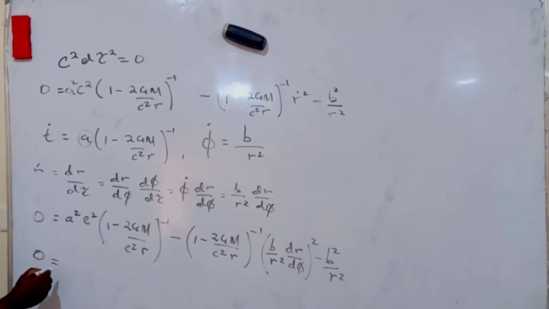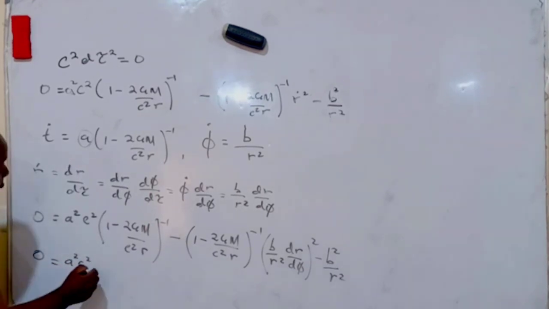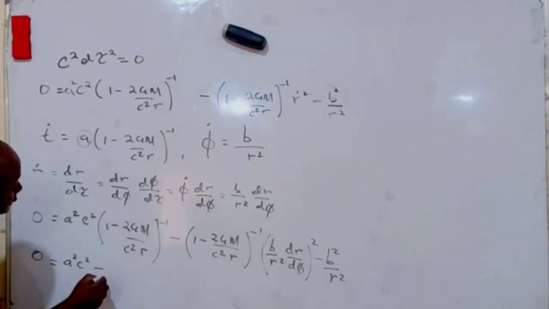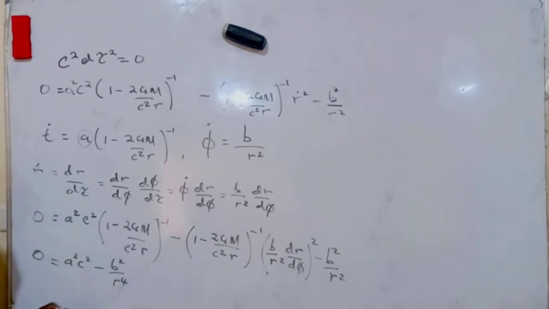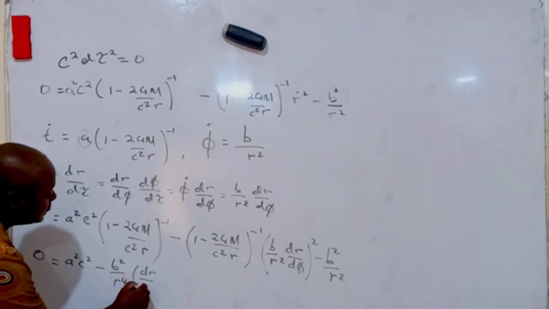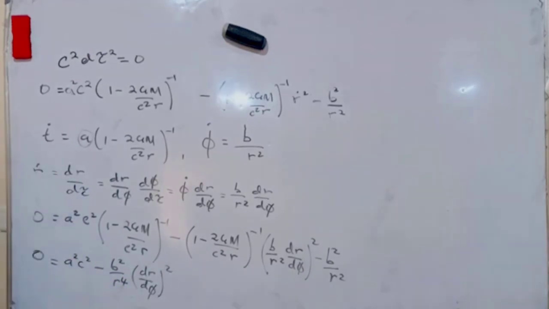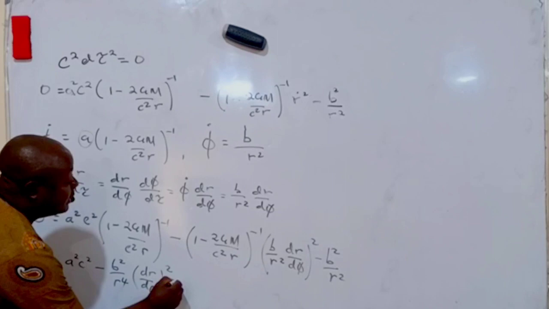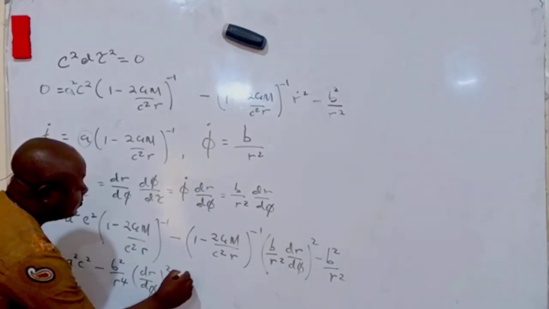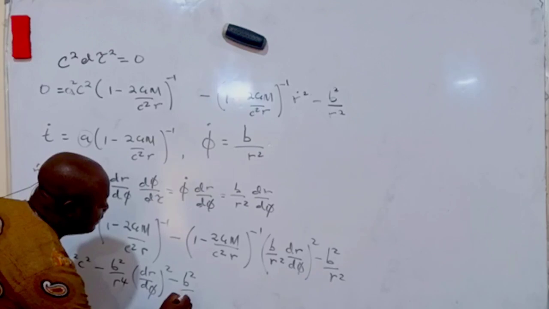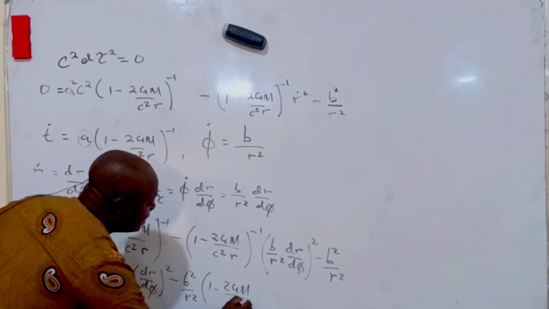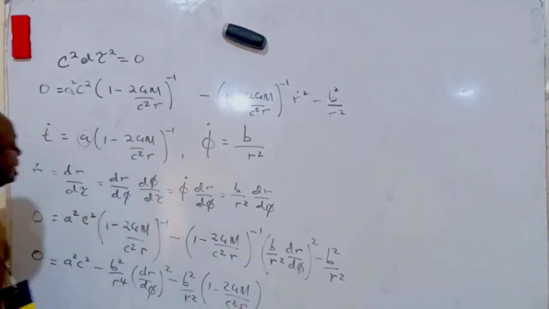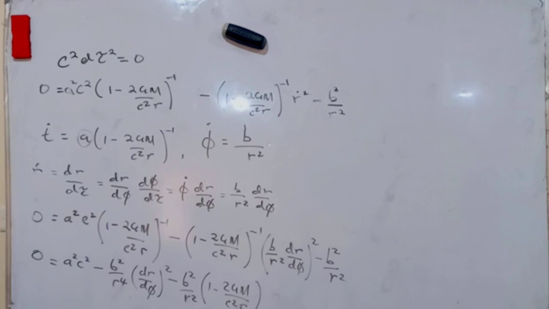So I'll end up with 0 equals a squared c squared minus b squared over r to the power 4 dr by d phi squared, minus b squared over r squared into 1 minus 2gm over c squared r. So I have that.